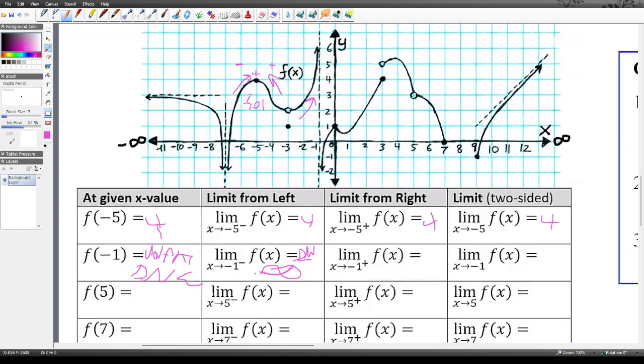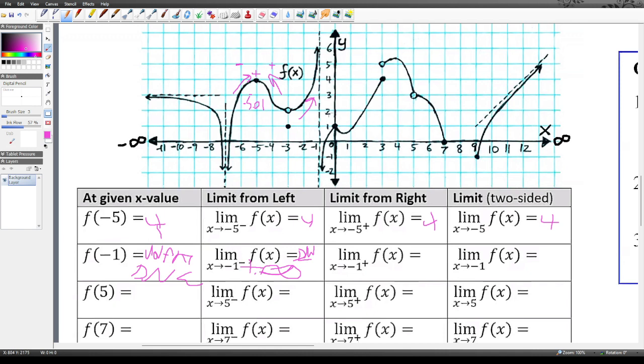So I'm going to go with infinities. It's going to be positive infinity for this one.